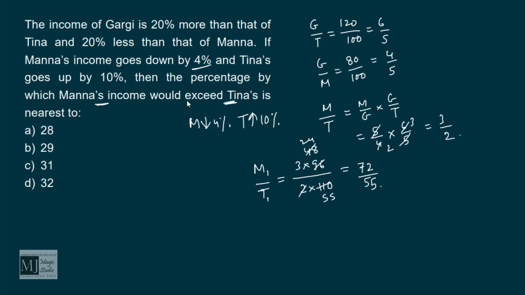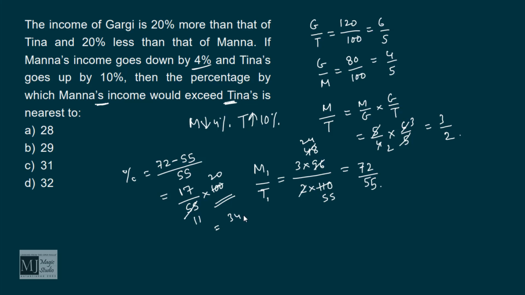Now the question: the percentage by which Manna's income would exceed Tina's. So the required percentage would be (72 minus 55) by 55, with respect to Tina. So 17 by 55 into 100%. This is what we are looking for.